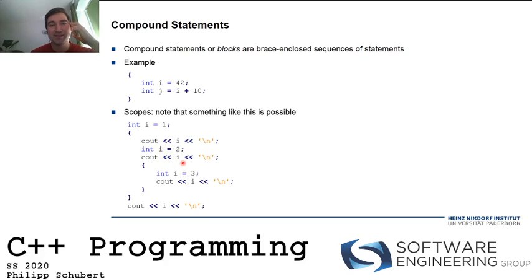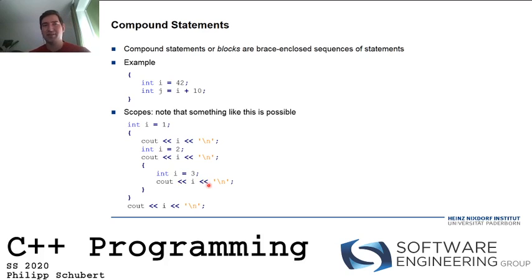And if we have this cout statement where we print the value of I to the command line, here it would print 2. And yet we can introduce another nested scope, where we again have a variable I, same variable name, but this is in fact a completely different variable. They only have the same name but are in different scopes, so that's perfectly fine for the compiler.